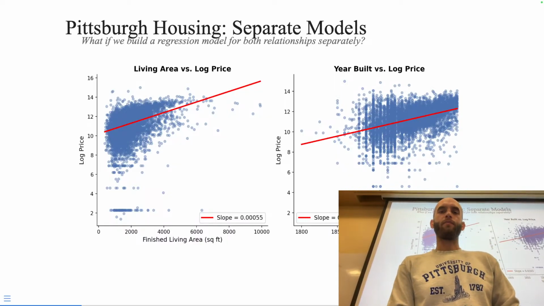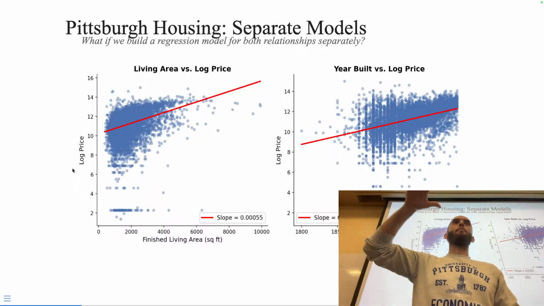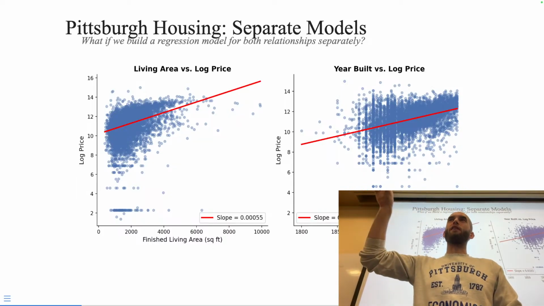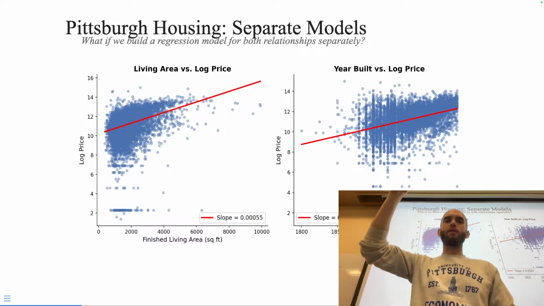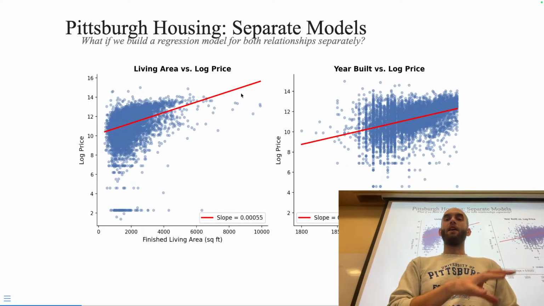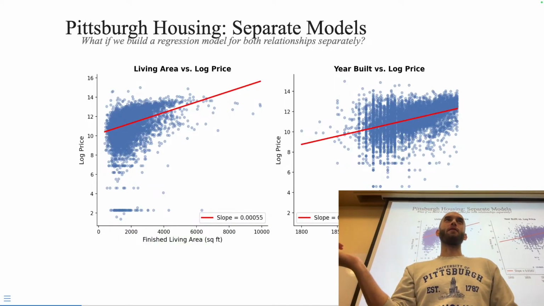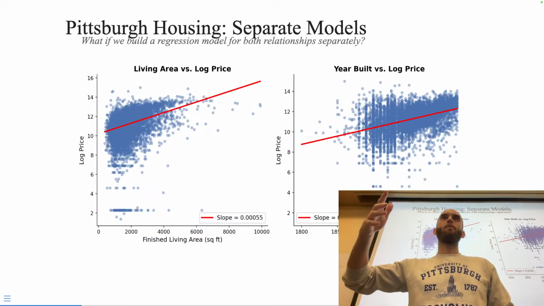So just to step back for a second, we have two variables that are both positively related to house price. The larger your house, so living area, the more expensive it is. And the later your house is built, so the newer it is, the more expensive it is.